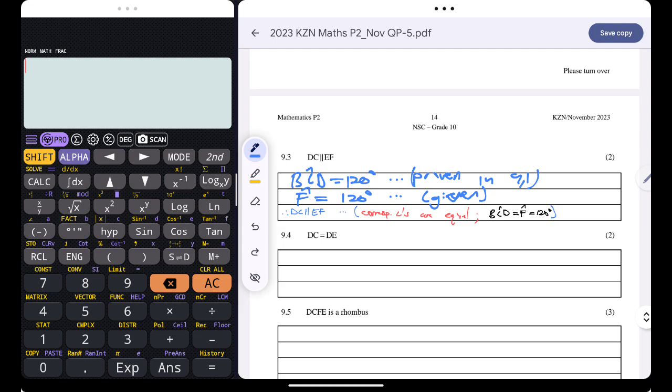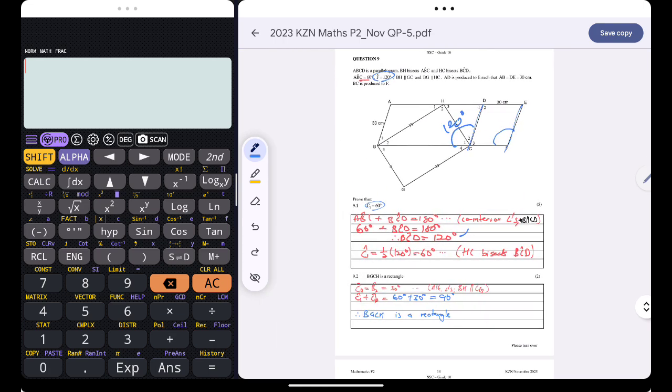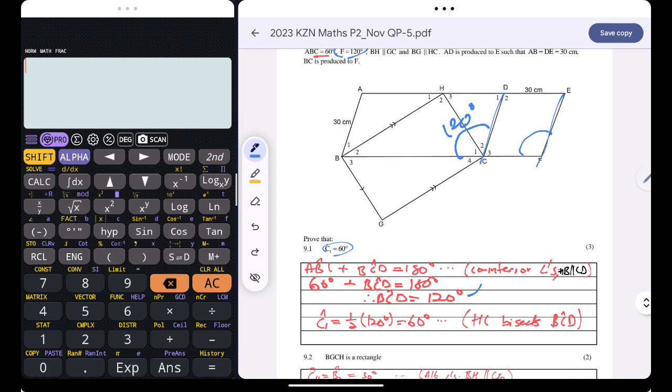Okay, now I'm supposed to show that DC and DE are equal. Where is DC? DC and DE are equal. Okay, remember that, guys. I was told that ABCD is a parallelogram, right?